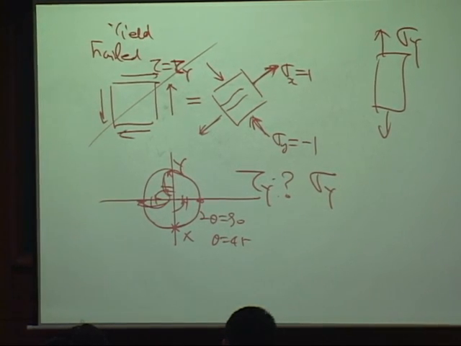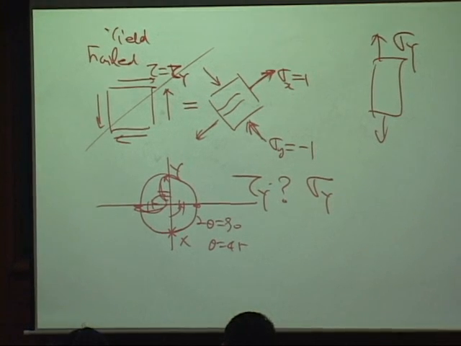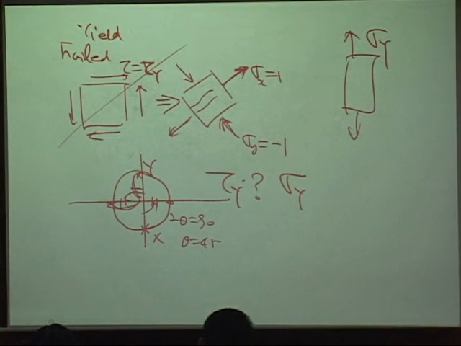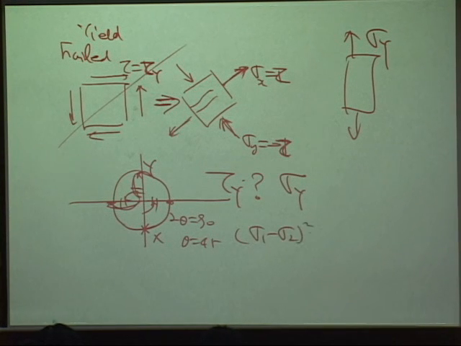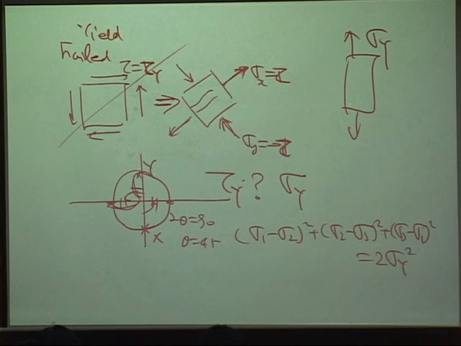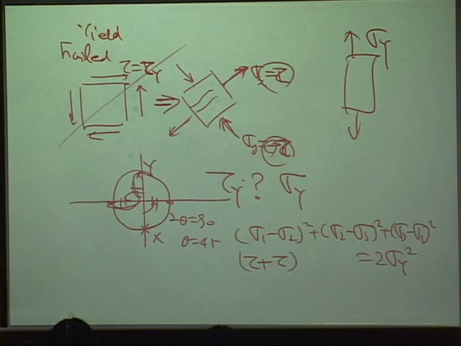Yes, let me check. This one, we simply say sigma x is tau and sigma y is minus tau, right? Because this is the same stress transform. And as you can see, (sigma 1 minus sigma 2) squared plus (sigma 2 minus sigma 3) squared plus (sigma 3 minus sigma 1) squared equals twice sigma yield squared, right? So we just put it here. Tau minus minus tau, so plus. And what is this? 0, 0.